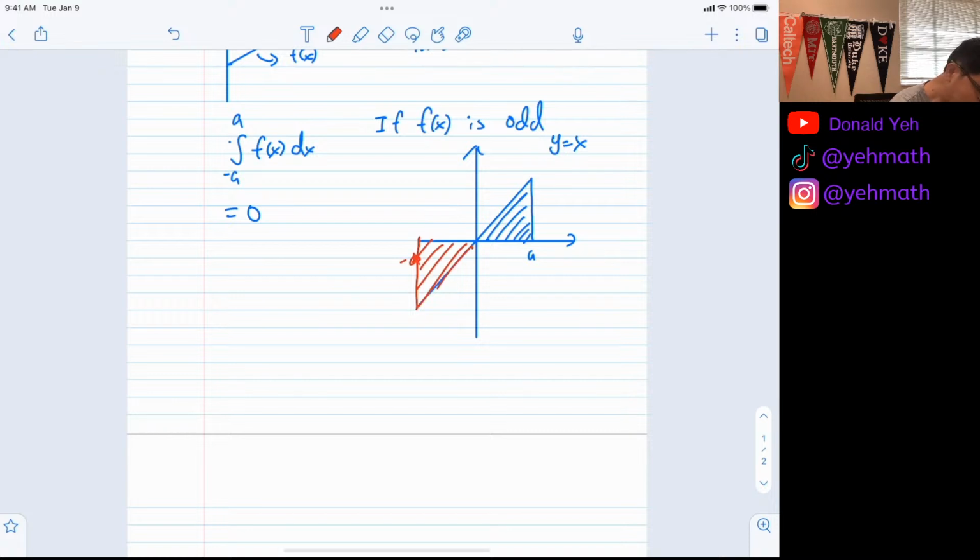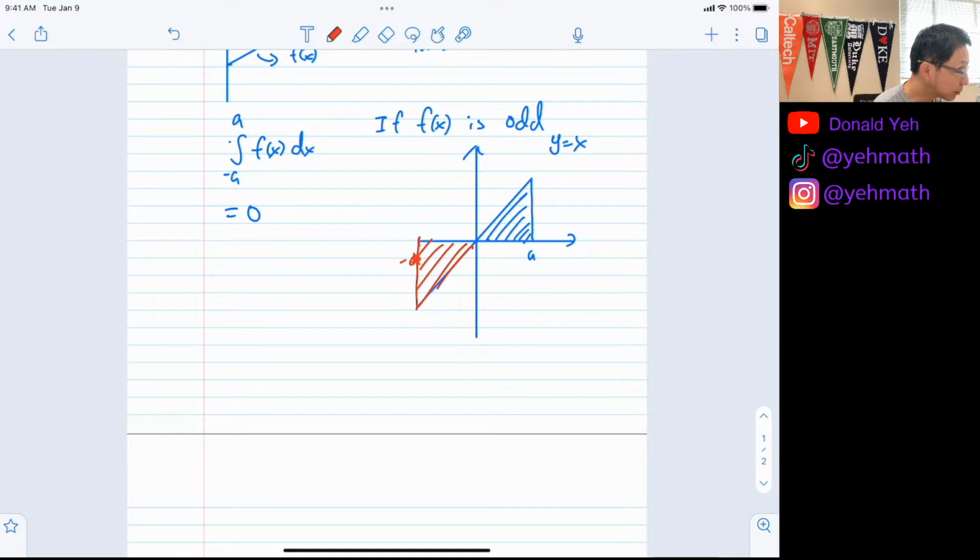So the blue region and the red region will cancel each other out, because the integral between 0 to a is positive, and the integral between negative a to 0 is going to be negative. They offset each other. Does that make sense? Am I going too fast? Like that cancels it out? Yes. Since they are symmetrical, because it is an odd function, they will cancel out. That's a very, very important understanding.